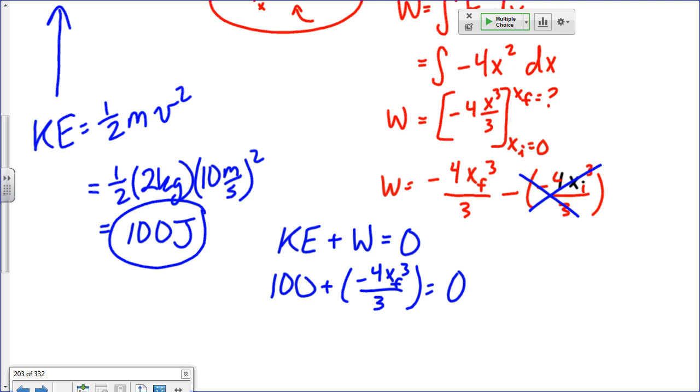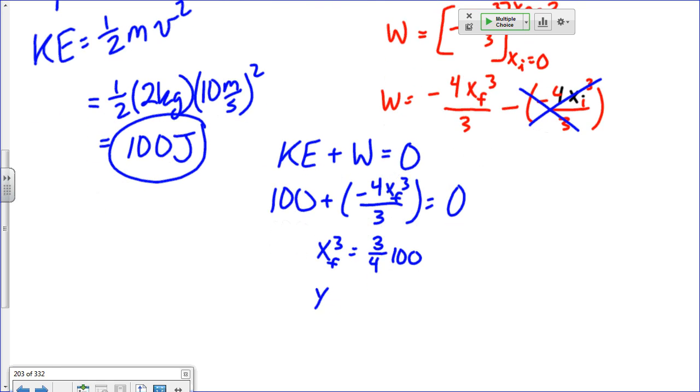And then we would solve that for xf. So xf cubed equals 3/4 of 100.